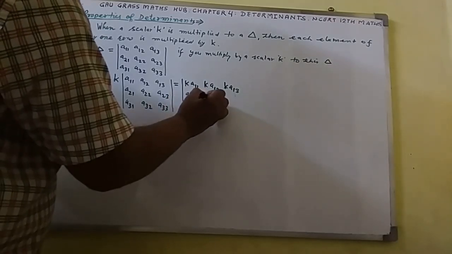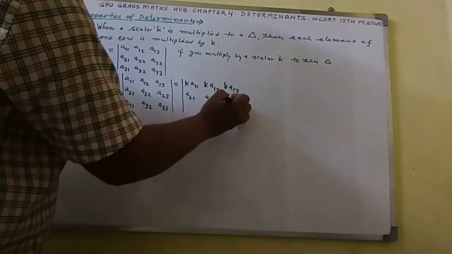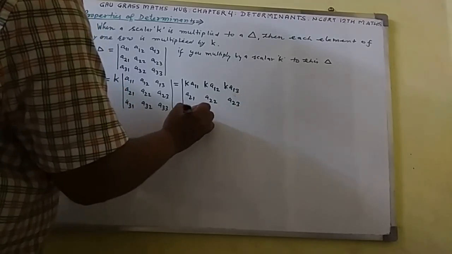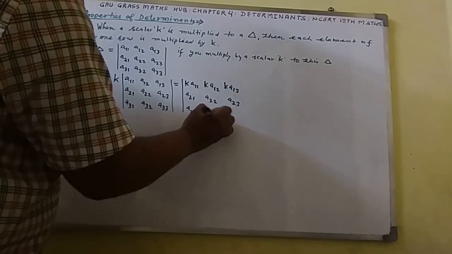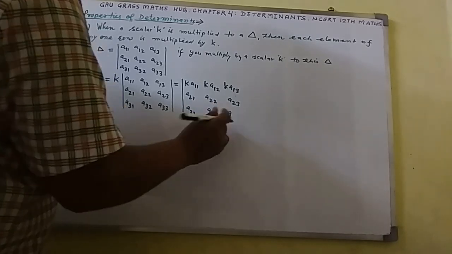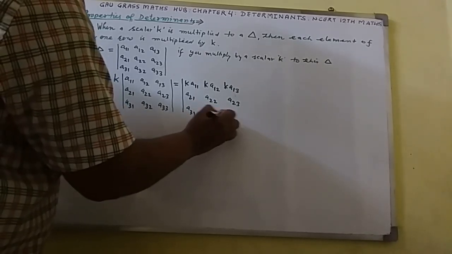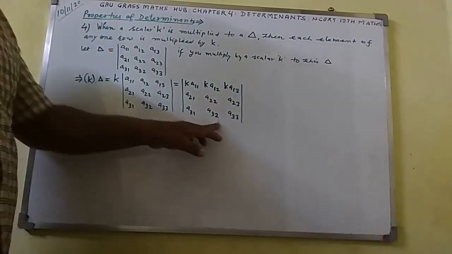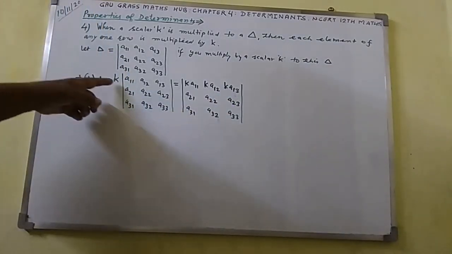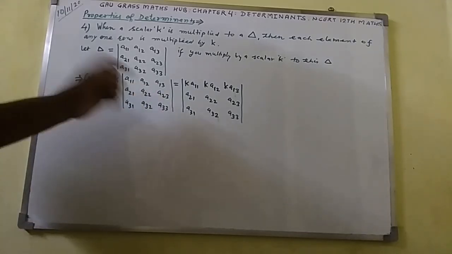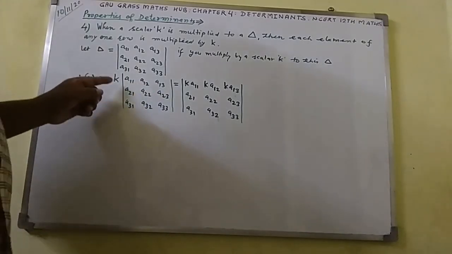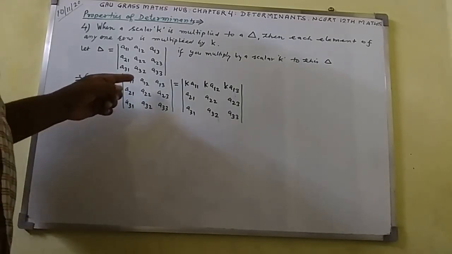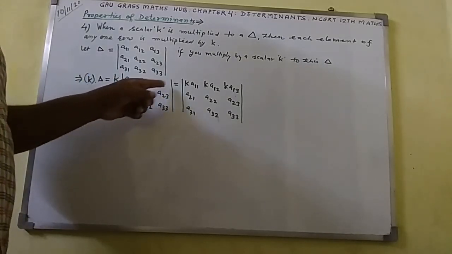A21, A22, A23, A31, A32, A33. So here you can see when a scalar k is multiplied to this determinant, the scalar k will multiply to each element of first row here.